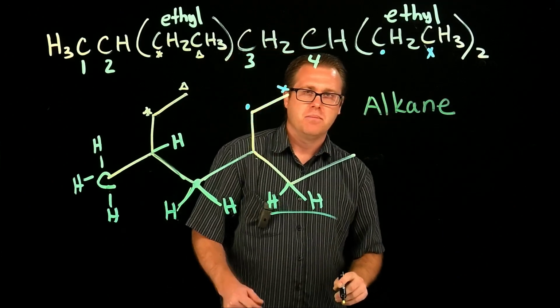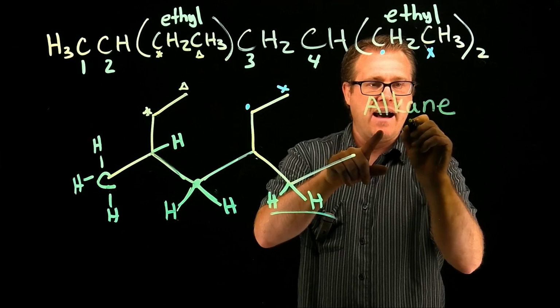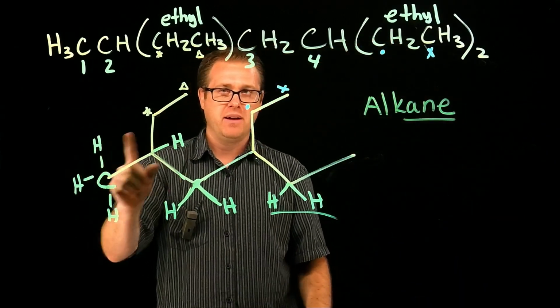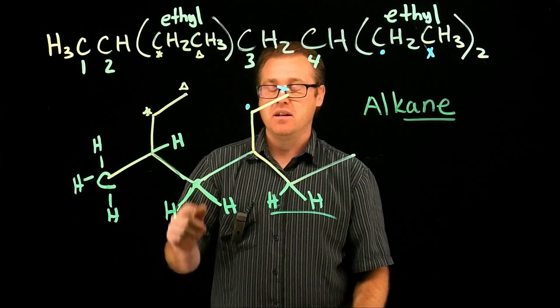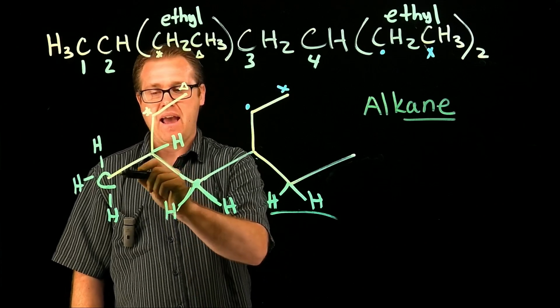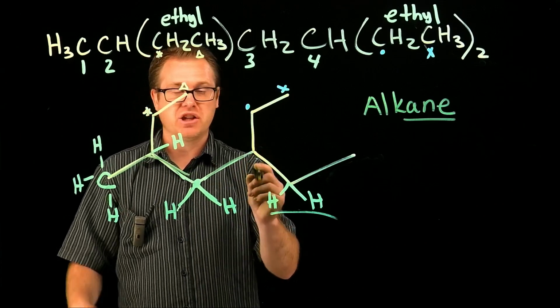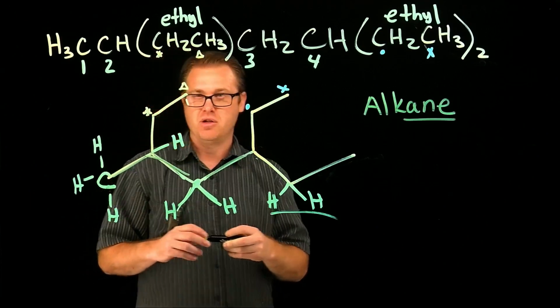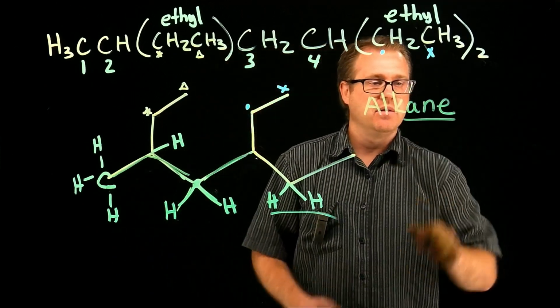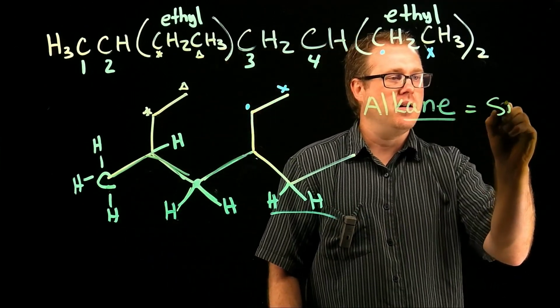And more importantly to understand, an alkane is a molecule with only carbon and hydrogens and only single bonds. You see everywhere in this molecule, it is just single bonds. There are no double bonds, no triple bonds. So that would be single bonds.